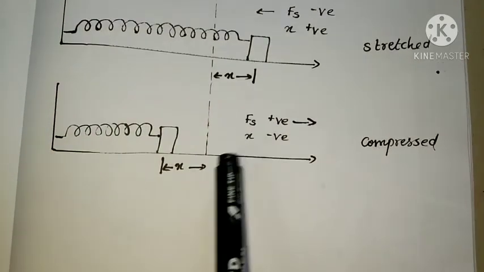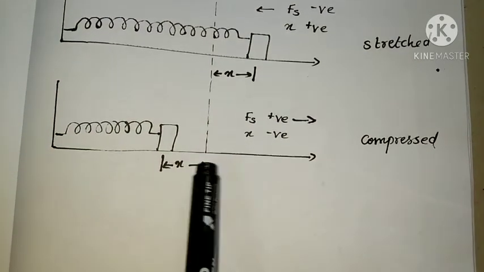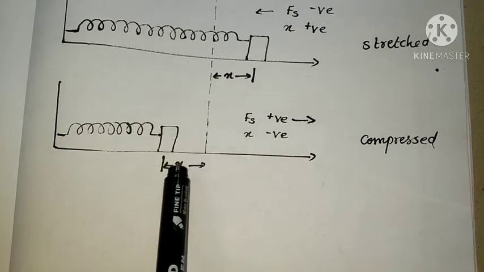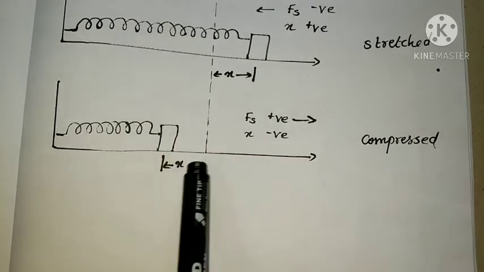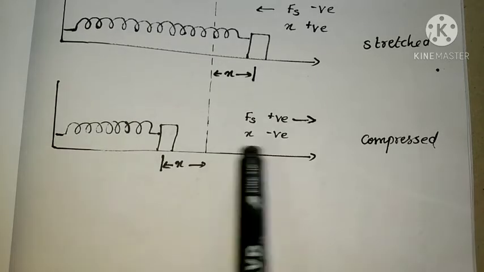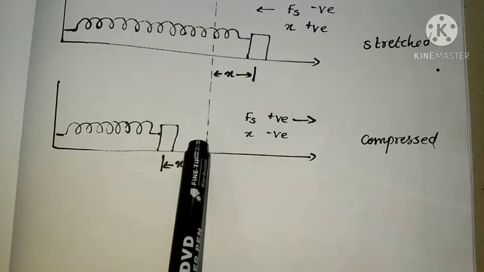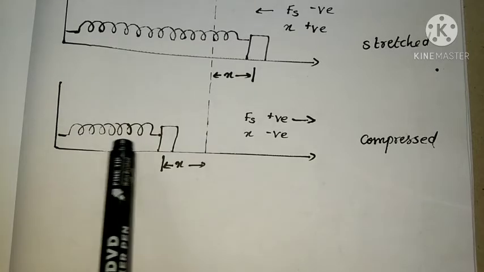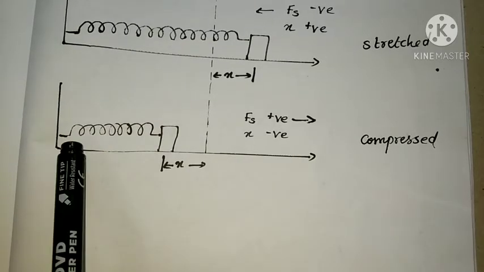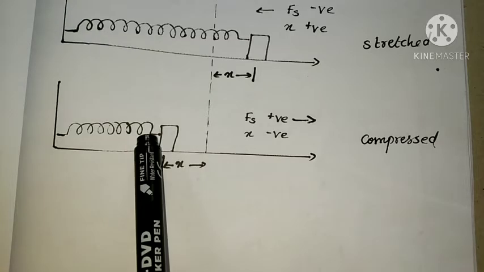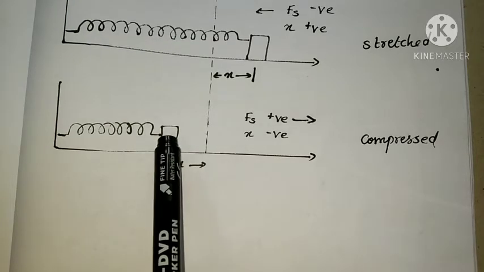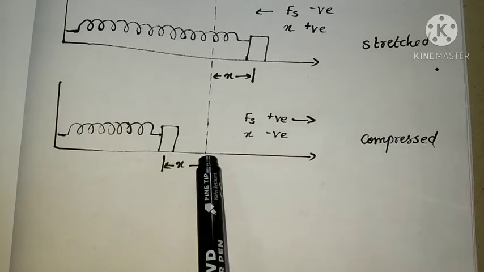Then similarly, when you compress the spring, it compresses through a distance x in the negative direction, so we write x negative. You are applying the force in the negative direction, that is, you are compressing the spring. Then the spring force has a tendency to bring the spring back to its original position.